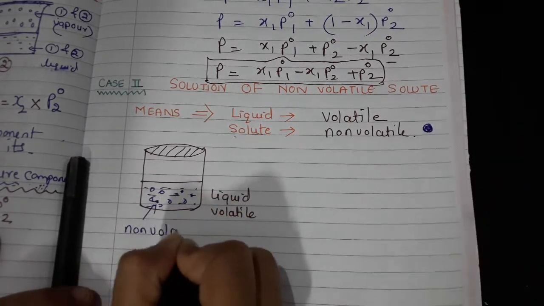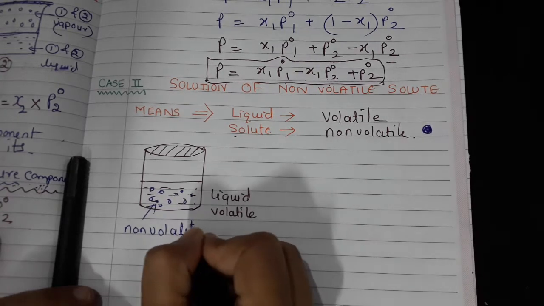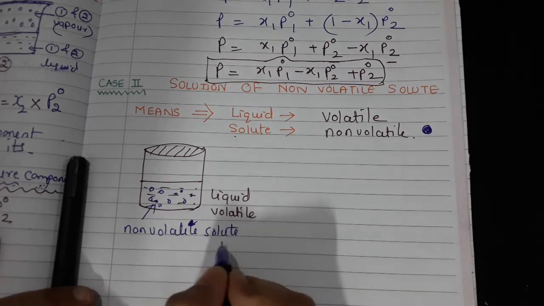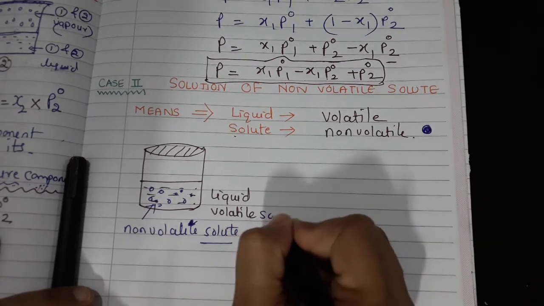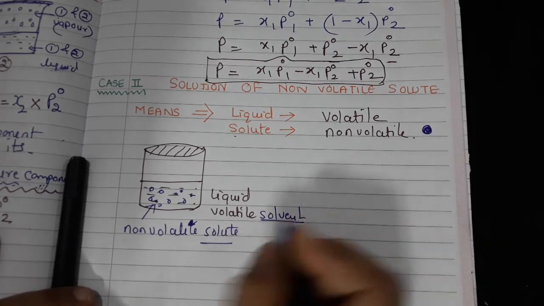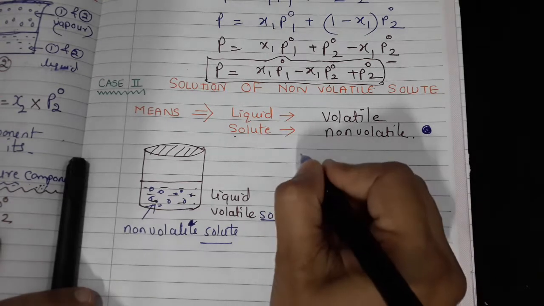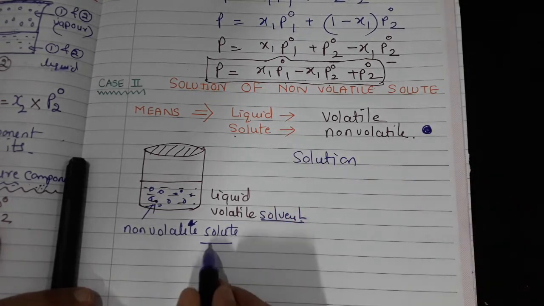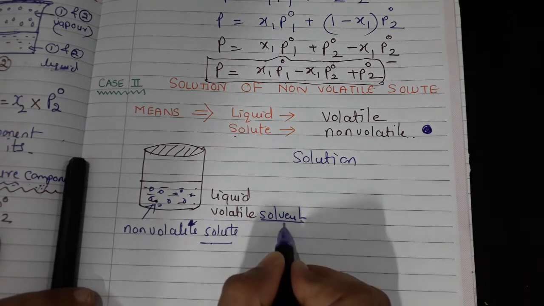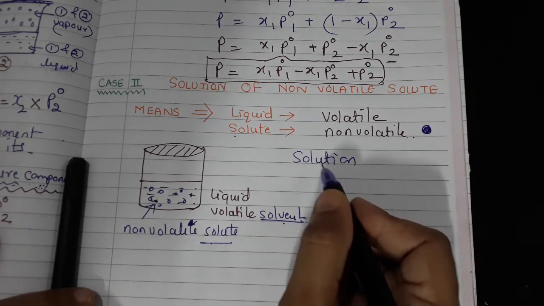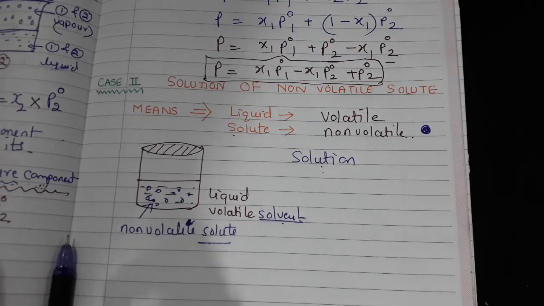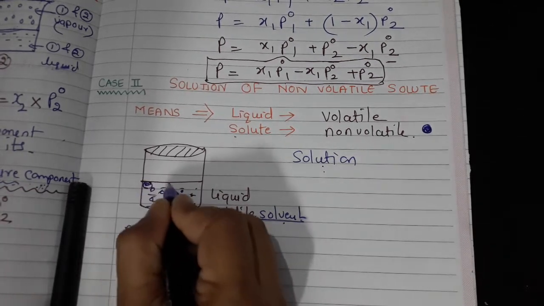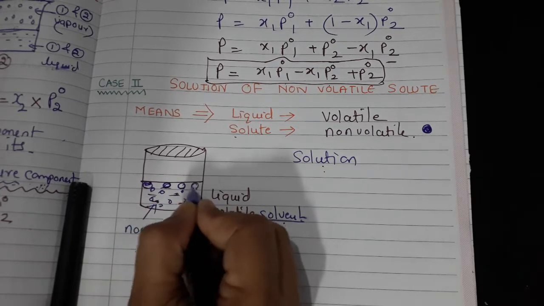Now inside this liquid we have a non-volatile solute. It is a solute and solvent, so we are talking about a solution now. When you add solute into the solvent, we get a solution. But if the solute is non-volatile, it will occupy some space on the surface.